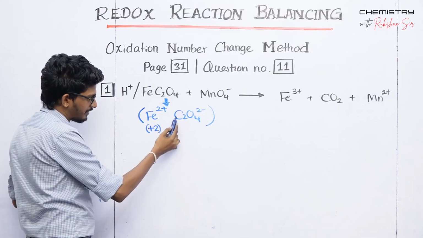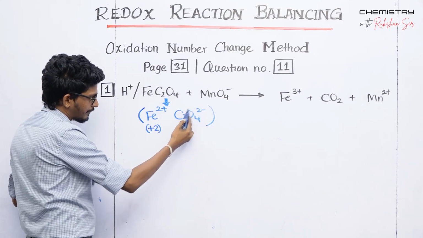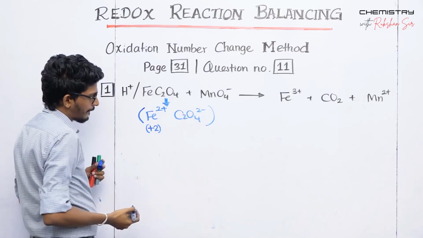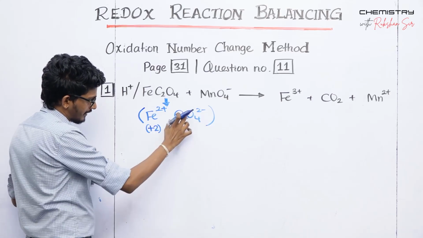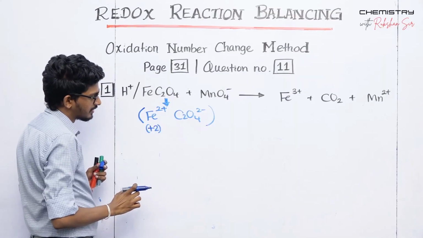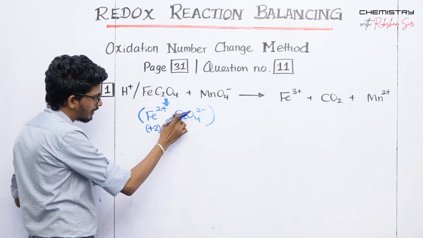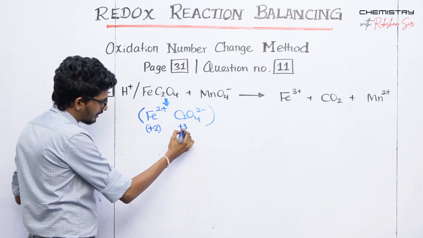So the total should be +6 for the two carbons, because -8 plus 6 minus 2 gives the charge of -2. So +6 divided by 2 is +3.